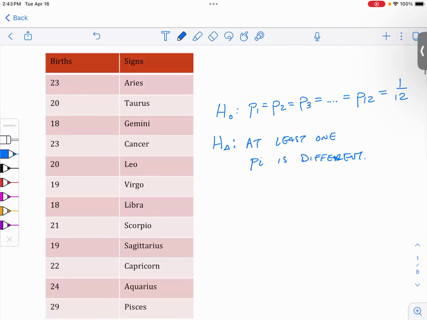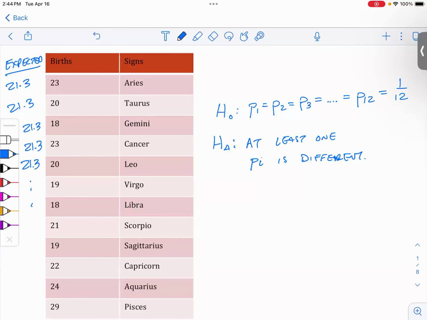That means if these were evenly distributed, each of these values would say 21.3. And basically looking at the numbers, all these numbers, 23, 21.3, 20, 21.3, we can see they're all pretty close to 21.3.